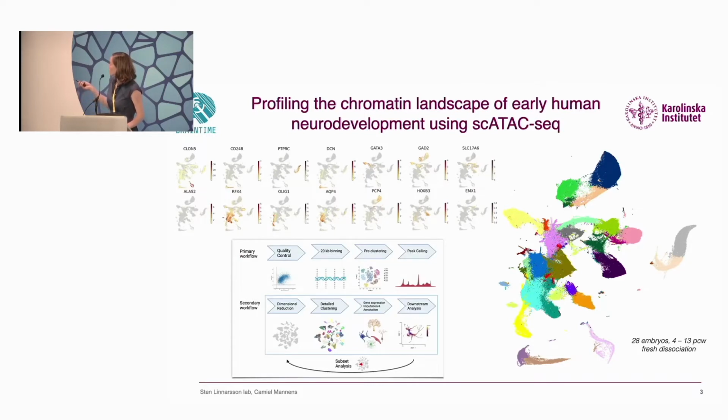So here, just showing quickly the pipeline, now focusing on the ATAC atlas. Of course, after quality control of the data, they have been binning the genomic data and then performing pre-clustering and peak calling, and then reducing the dimensionality, clustering, and annotating the clusters by doing gene expression imputation.